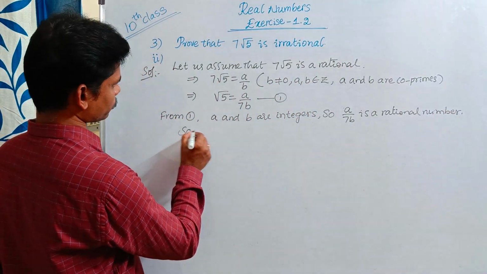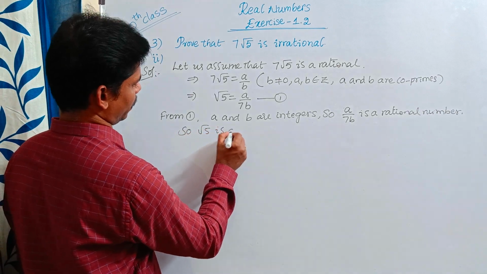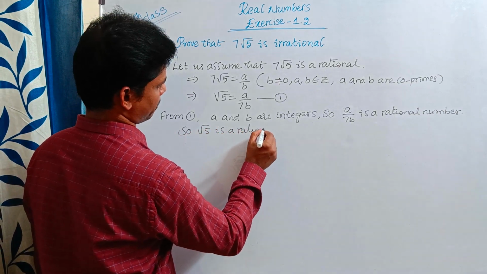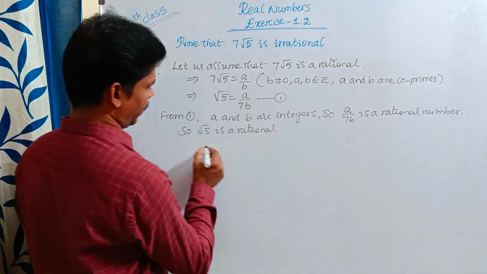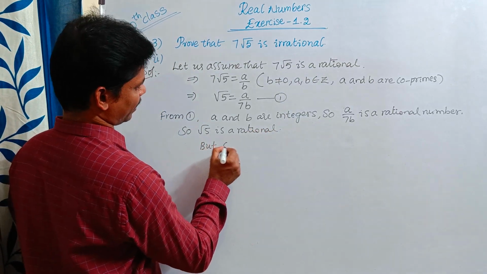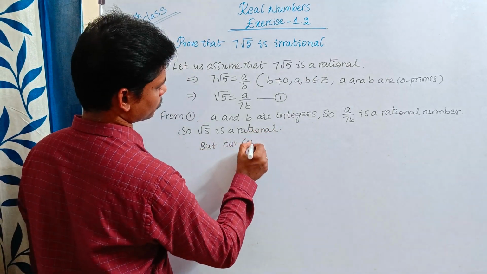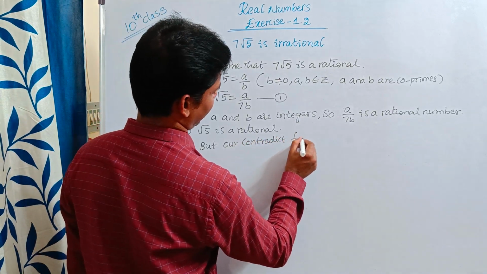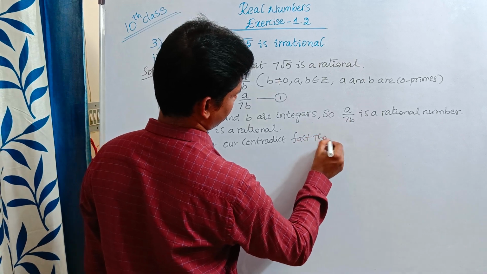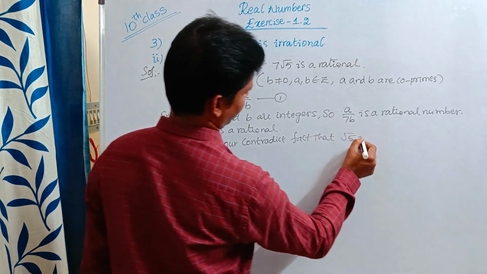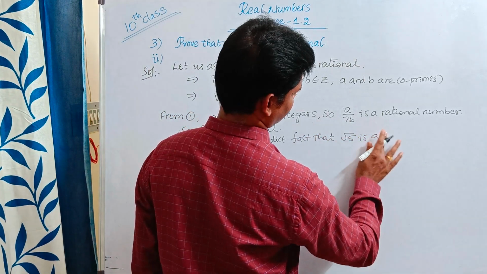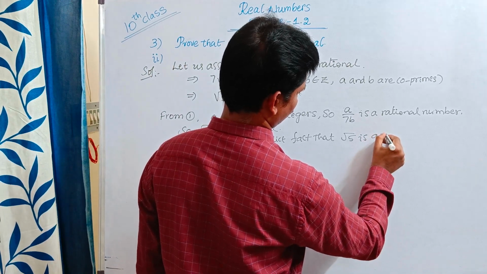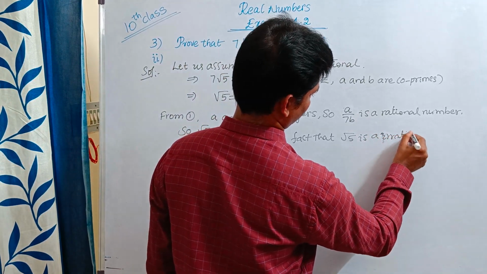So root 5 is a rational, but our contradict fact that root 5 is irrational.